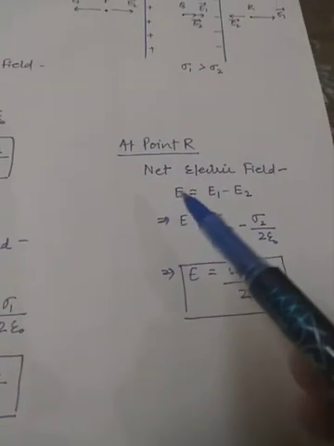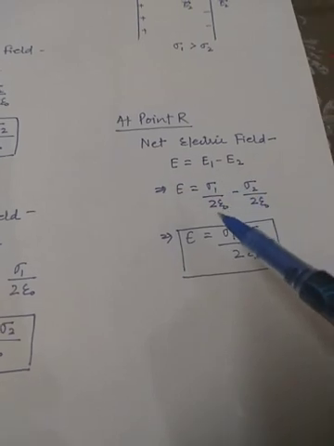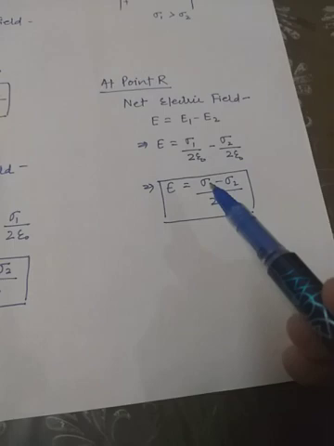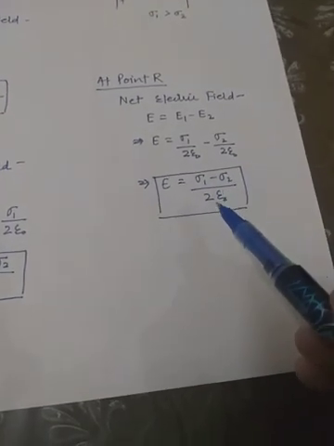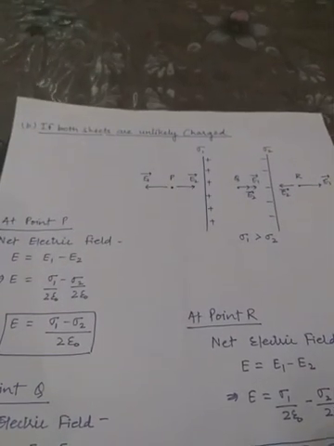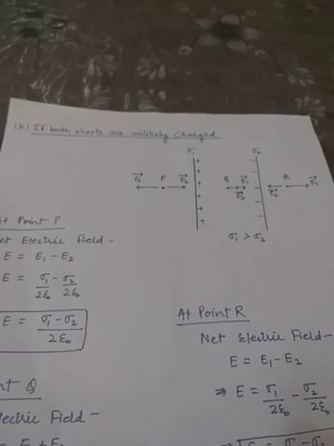So E is equal to E1 minus E2. E is equal to sigma 1 upon 2 epsilon naught minus sigma 2 upon 2 epsilon naught. E is equal to sigma 1 minus sigma 2 upon 2 epsilon naught. That is intensity of electric field due to two plane parallel sheets of charge when they are unlikely charged.